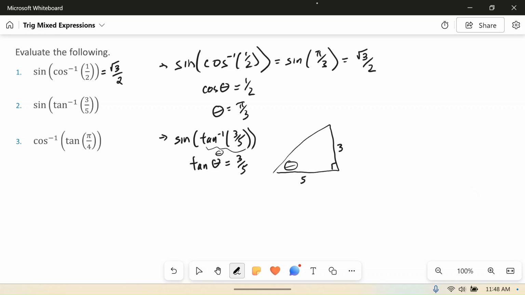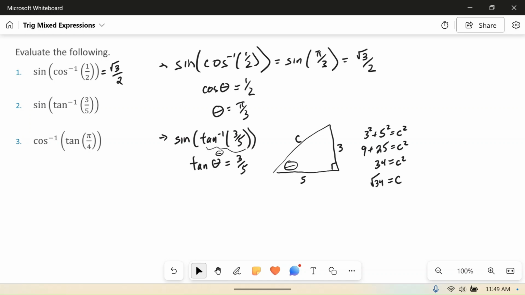Using the Pythagorean theorem, the hypotenuse is side C, so 3 squared plus 5 squared is equal to C squared. That's 9 plus 25, so 34 is equal to C squared, which means C is equal to the square root of 34.